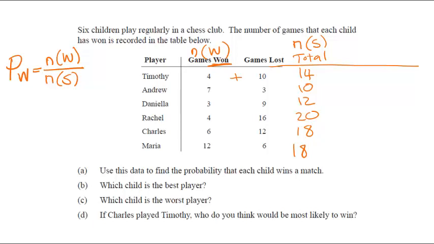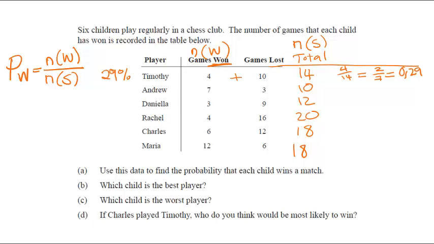Once I've got this, I can answer question A and I can say the probability for Timothy winning is 4 out of 14. Now I'm going to simplify that by halving it. It becomes 2 out of 7. This gives me a decimal of 0.29 or 29% chance of that happening.